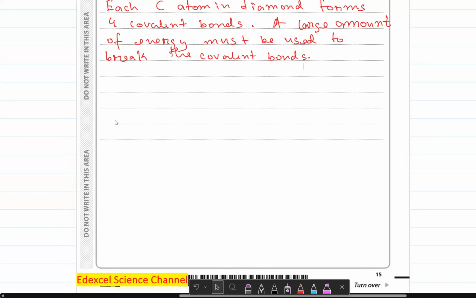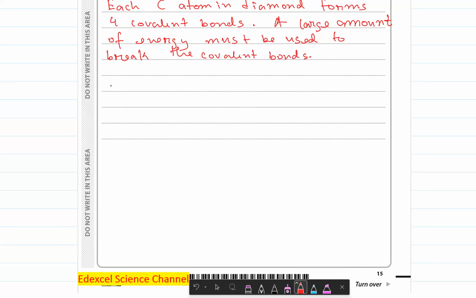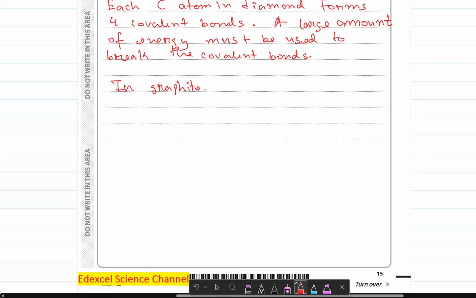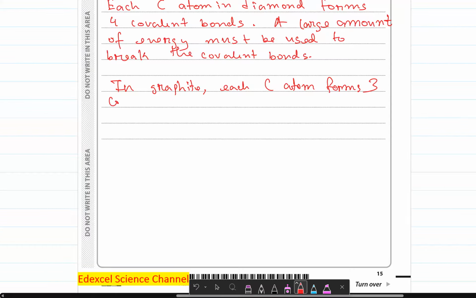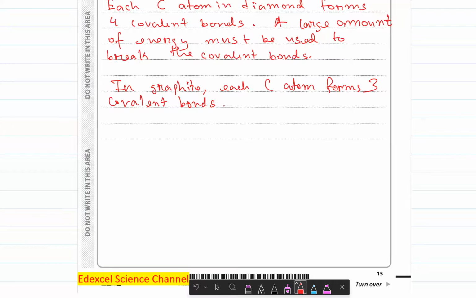I can write that in graphite each carbon atom forms three covalent bonds, right?